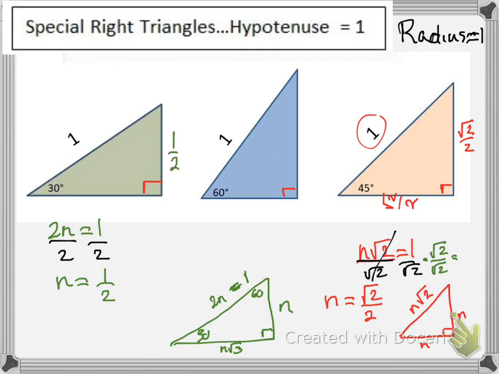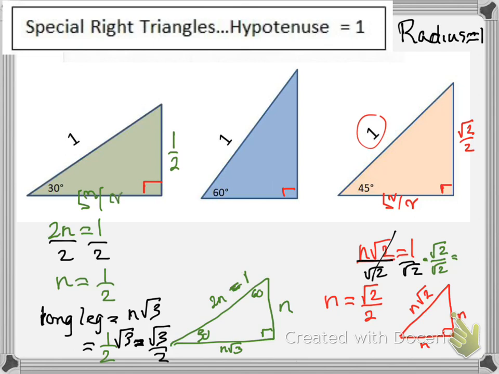And the long leg should be n times root 3, so it should be this 1/2 times root 3, which is just root 3 over 2. That means that this side is root 3 over 2.